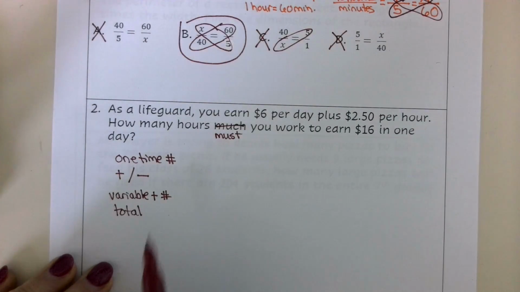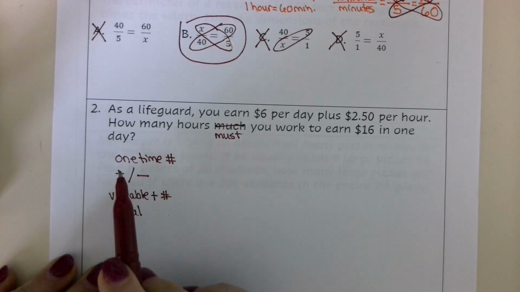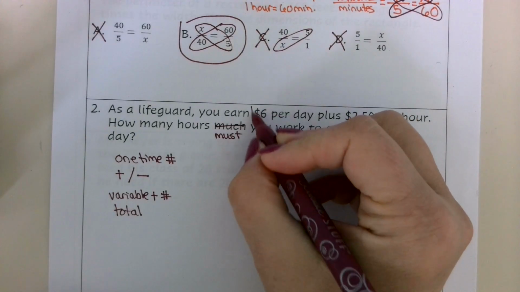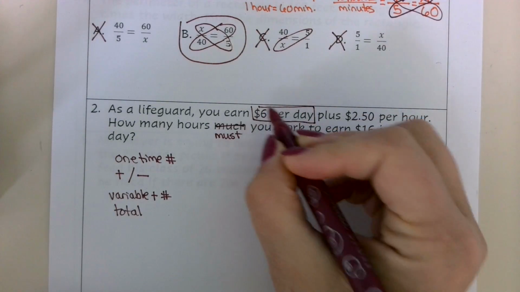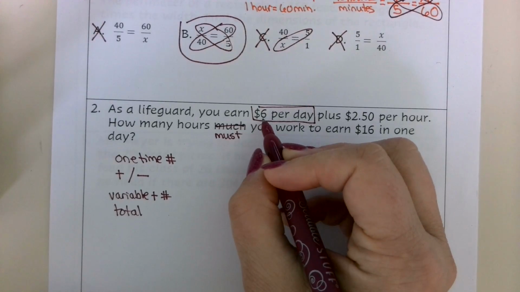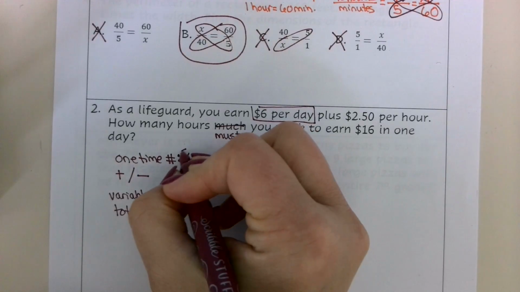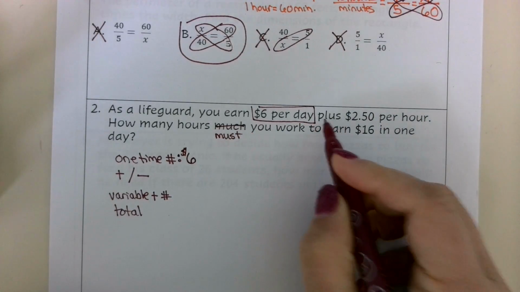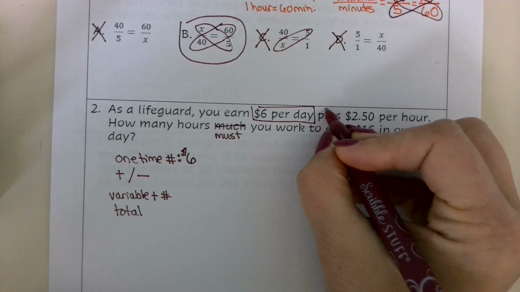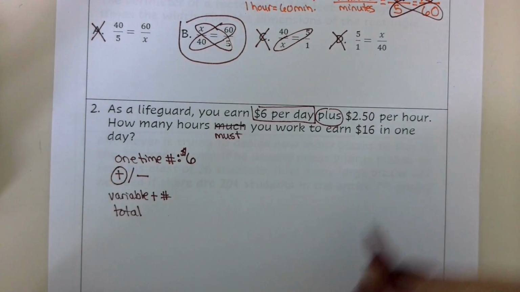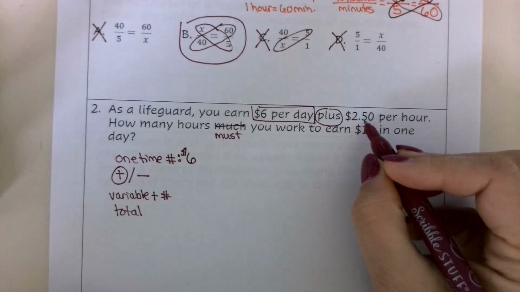So my one-time number is usually going to be a deposit, something I'm only going to get once. And in this case, I'm getting $6 per day. I get the $6 per day regardless. That's my one-time number, $6. Plus, so if I'm looking, am I adding or subtracting? This is a two-step equation that adds. And here's my variable plus number.